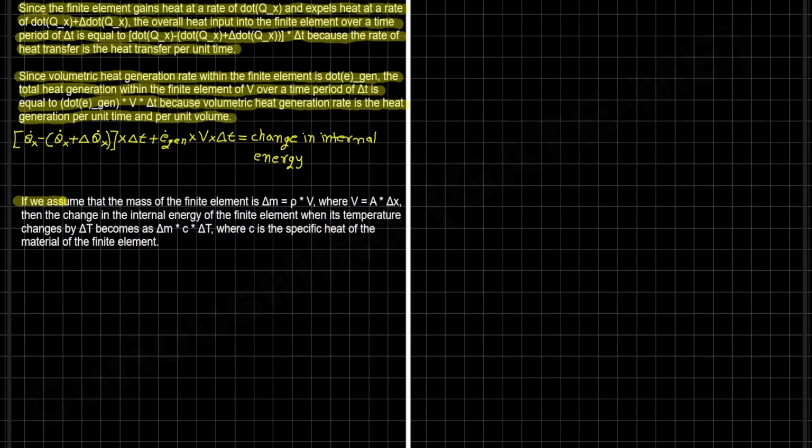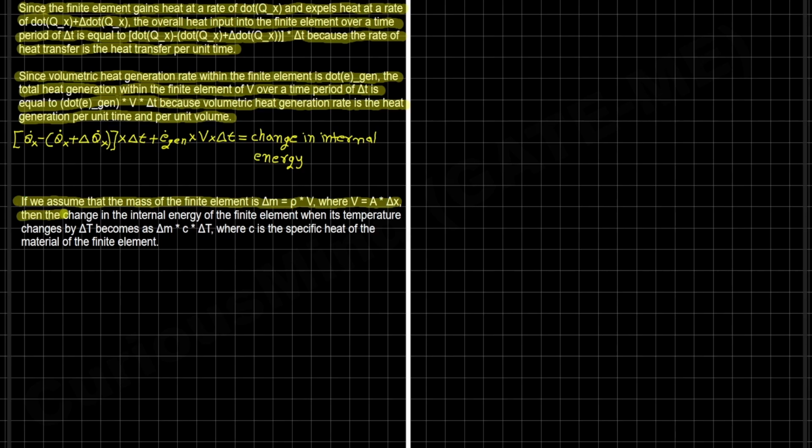if we assume that the mass of the finite element is Δm, which is equal to rho times V, where V is the volume of the finite element and is equal to A, which is the cross-sectional area of the finite element, times the finite thickness of the finite element, which is equal to Δx.